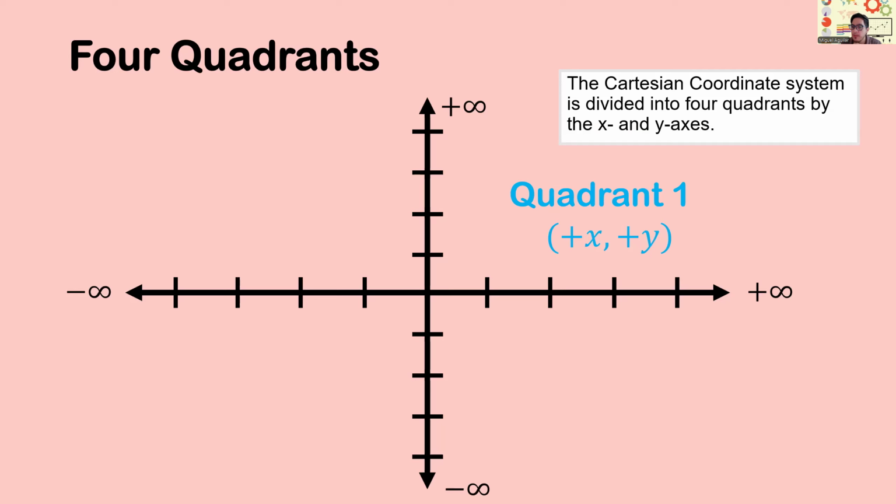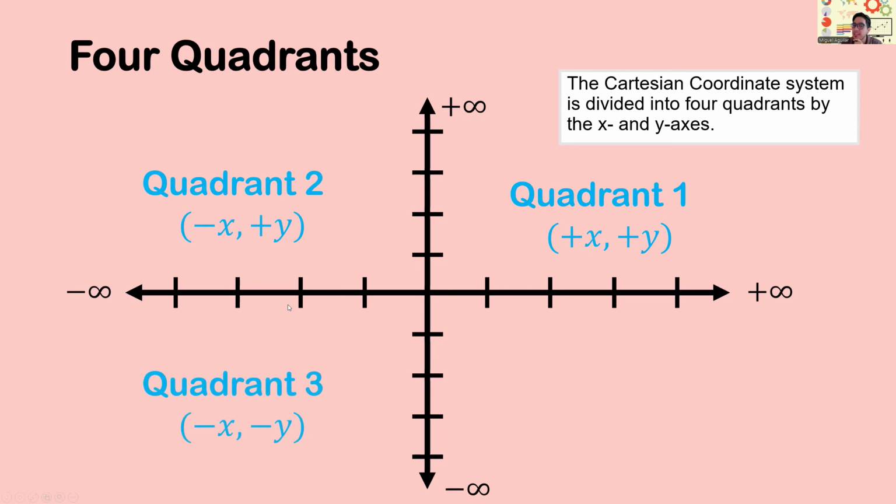Okay. Then we move to the left, quadrant 2. And if we move to the left, then the x value is negative. But then if we get into quadrant 2, we have to move up in the y direction. So we have positive y's. Quadrant 3 is moving counterclockwise. And in quadrant 3, you've gone to the left and then down.